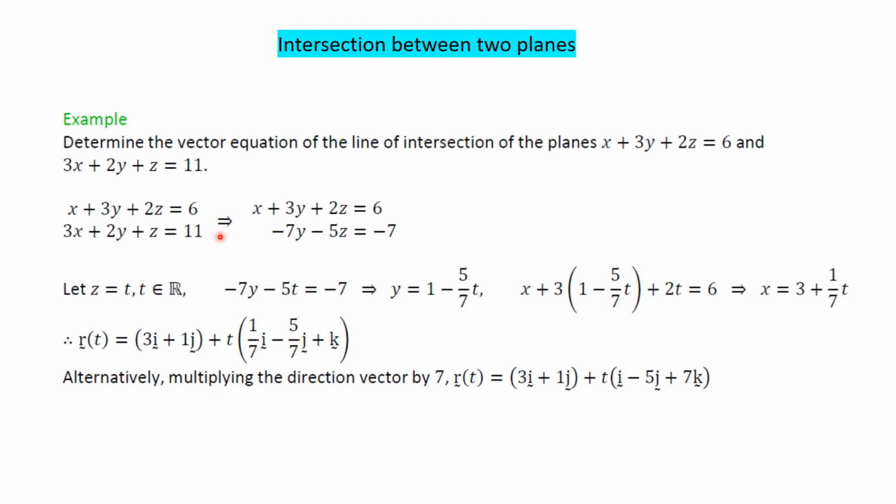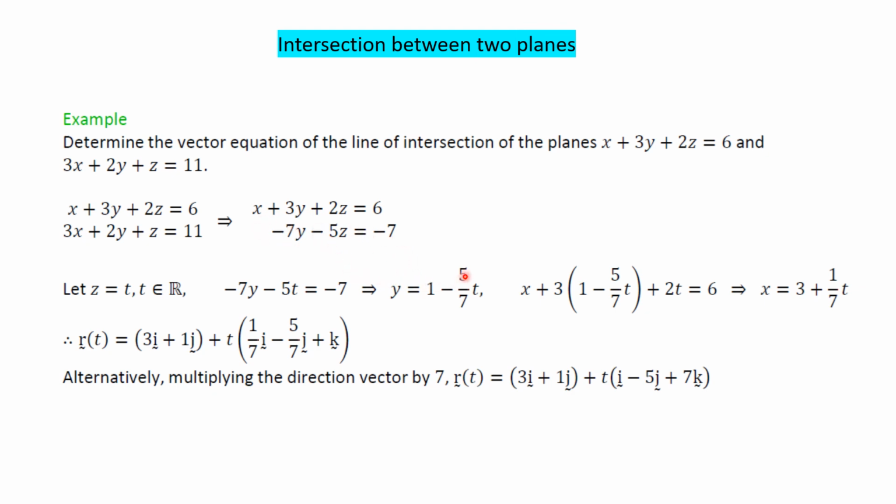But in this case, we've got two equations with three unknowns. So what you can do is let one variable, let's say z, be some value t, and then you work out y in terms of t using that equation there.